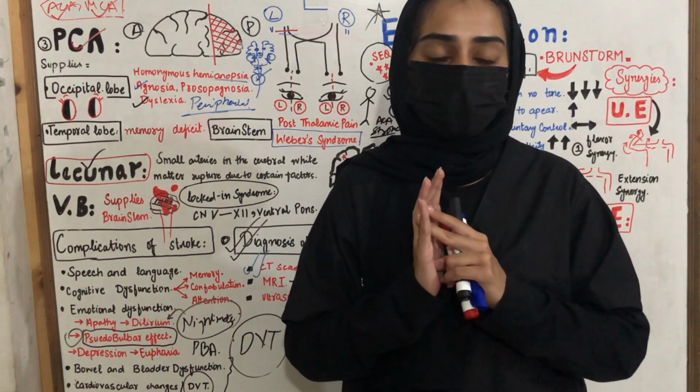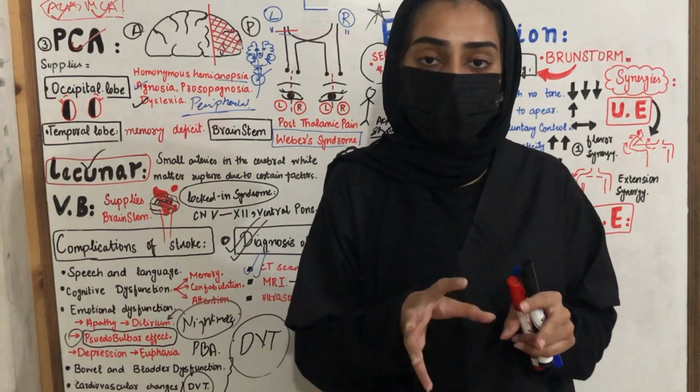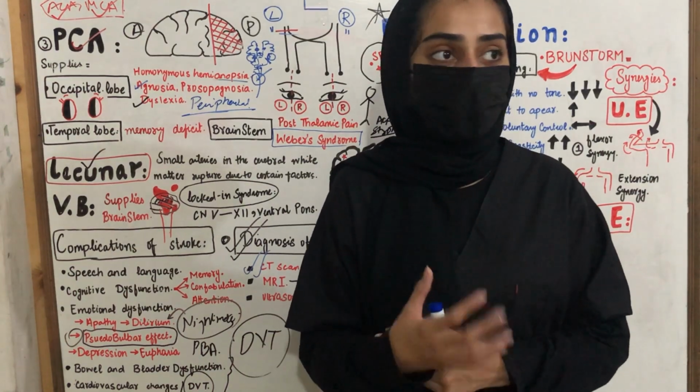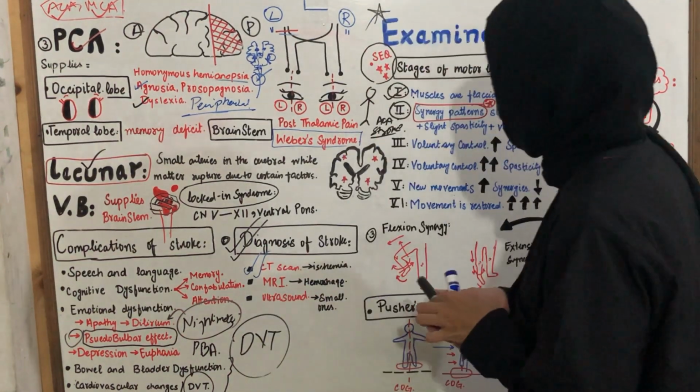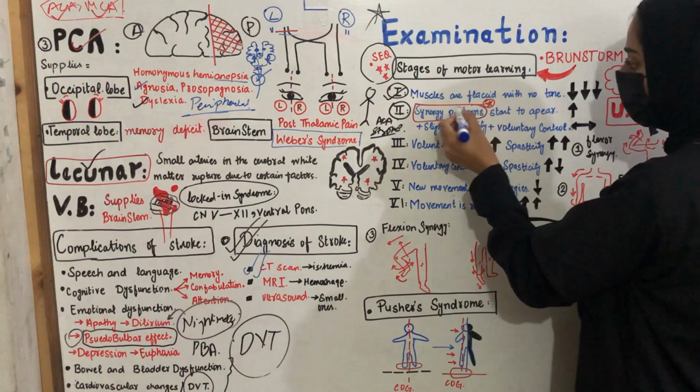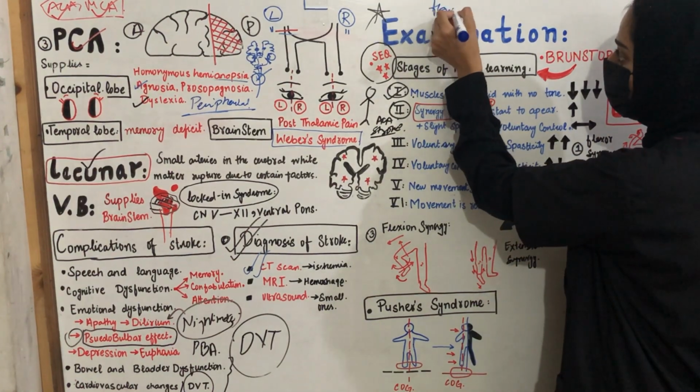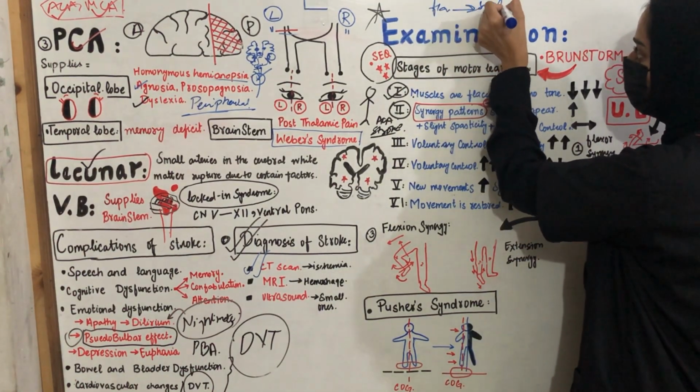They cannot explain it because it's involuntary. They're not doing it on purpose. So, synergy patterns start to appear. From flaccidity, you moved on to spasticity.